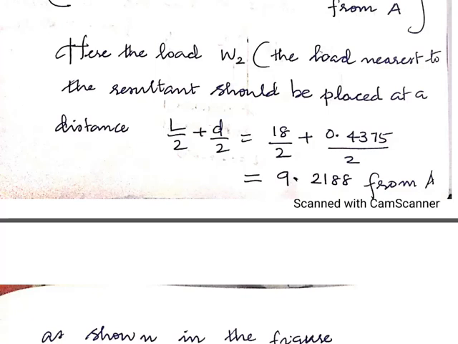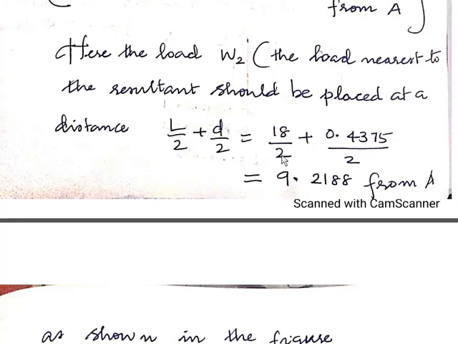We have already found out at what distance this load should be placed. So let's place the loads first of all. Here the load W2, that is the load nearest to the resultant, should be placed at a distance L by 2 plus D by 2. L is equal to 18 and D is equal to 0.4375.